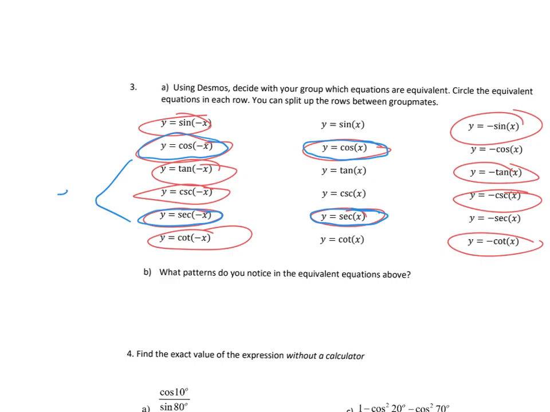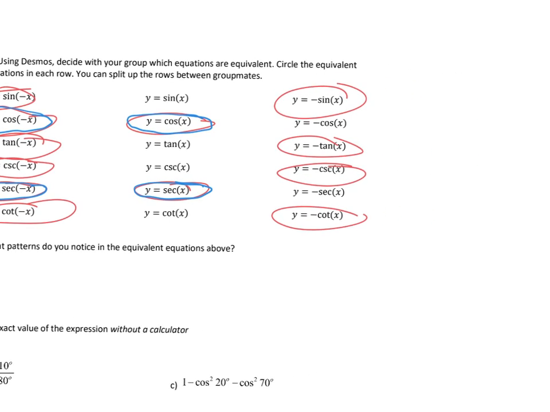These are even functions. So when we plug in negative x into our function, like f of negative x, and it equals the original function f of x, that is an even function, and it is symmetric across the y-axis. These other equations are odd functions.